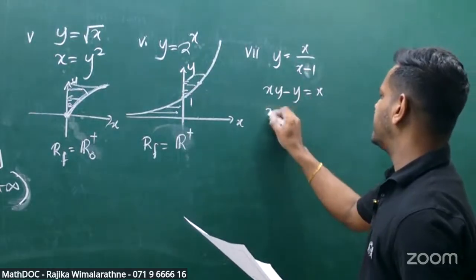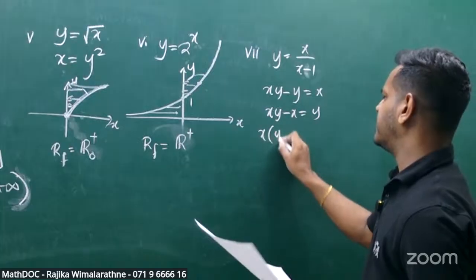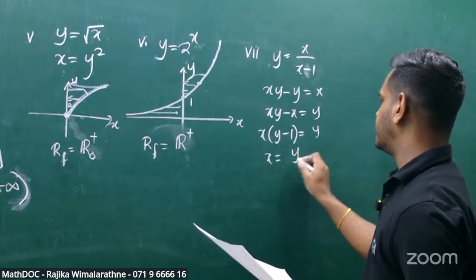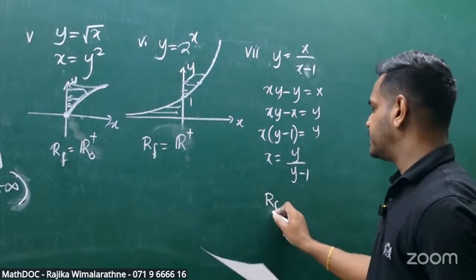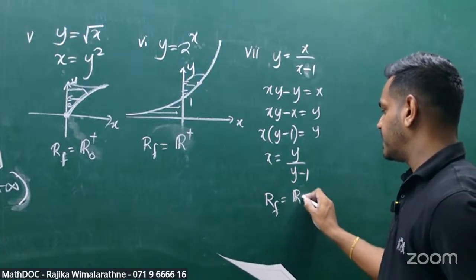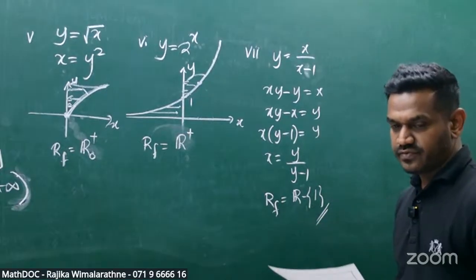Then xy minus x equals y. Take x outside: x times (y minus 1) equals y. Then x equals y over y minus 1. When finding range, you have to remove the denominator 0, no? So y equals 1 you have to remove. Then the real values without 1 are the range.